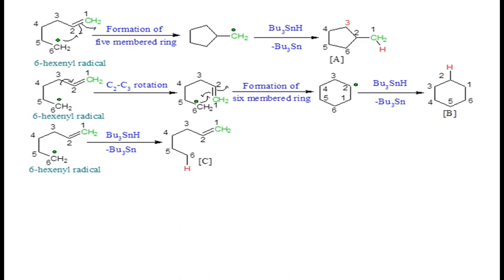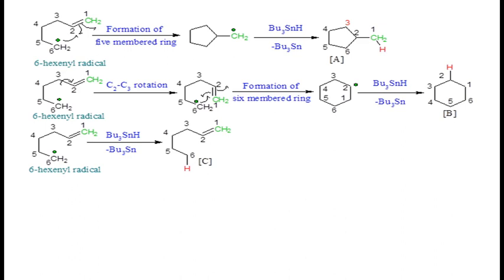There is formation of this hexene product C. There is formation of one radical, 6-hexenyl radical, but this will give us 3 products. Cyclized product is formed by addition pathway, and substituted product is formed by substitution, or it is also called reduction pathway.